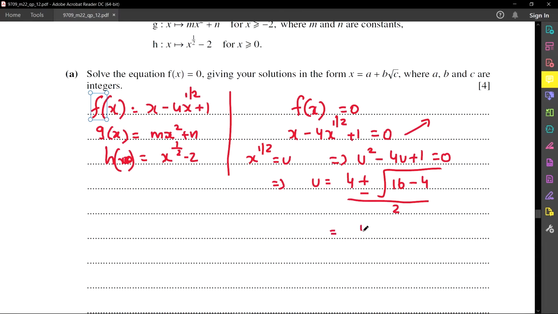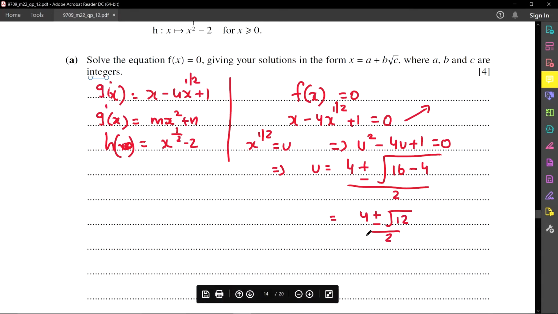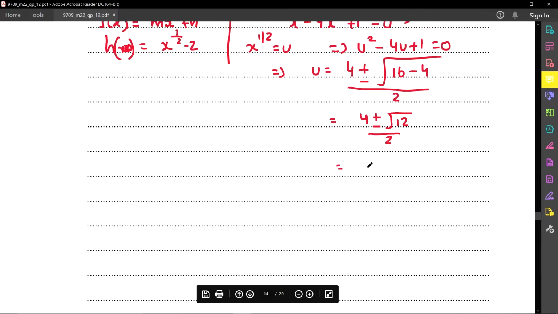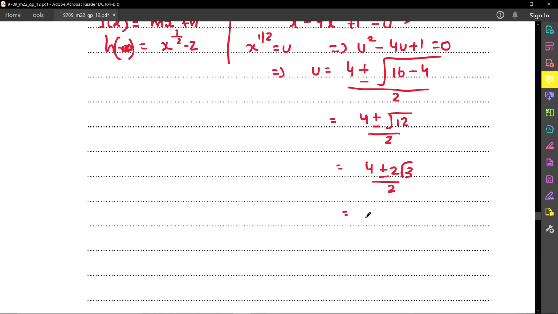That will give you 4 plus or minus root 12 by 2. So 4 plus or minus 2 root 3 by 2. Divide by 2, we get 2 plus or minus root 3.